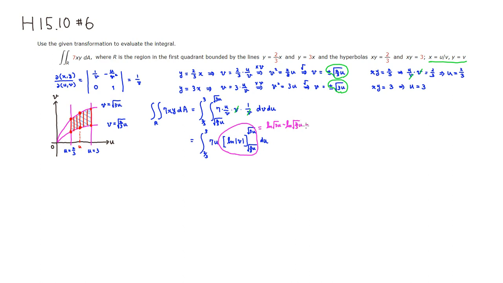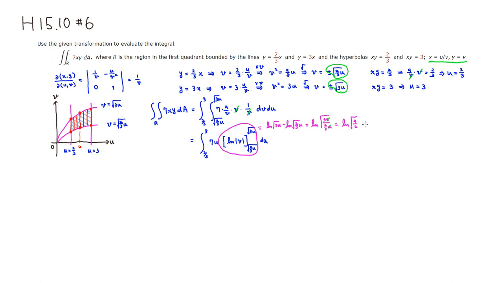Using the log property, this is natural log of square root of 3u over 2/3 u. So we can cancel u's, and this is natural log of, let's see, I'm going to multiply top and bottom by 3, so you have 9 over 2.